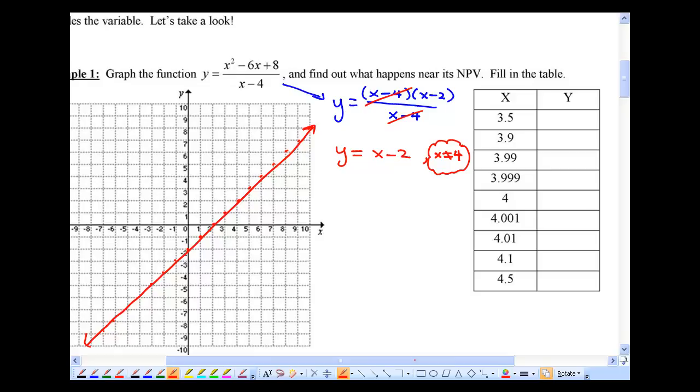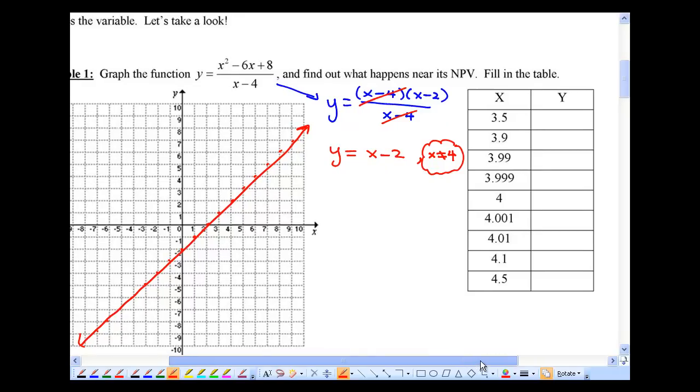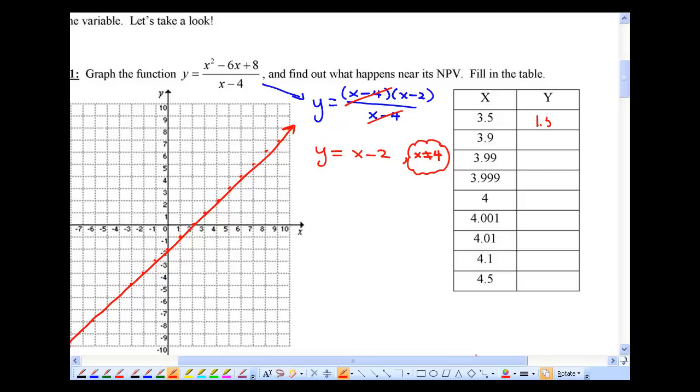And let's just confirm this with our table of values. We're going to subtract 2 off of all the x values. So 1.5, 1.9, 1.99, 1.999. What happens at actually 4? Well, once again, if I plug in 4 into the expression, it should give me the y value of 2. But remember, I'm looking at the original rational function.